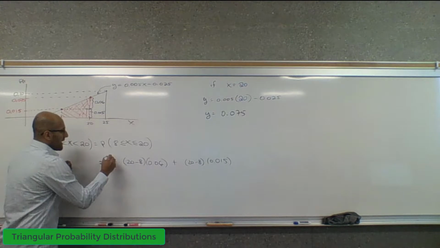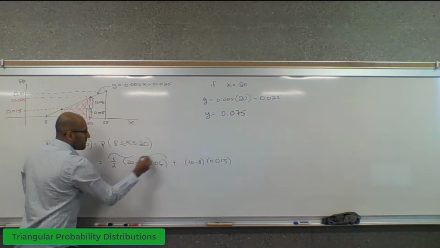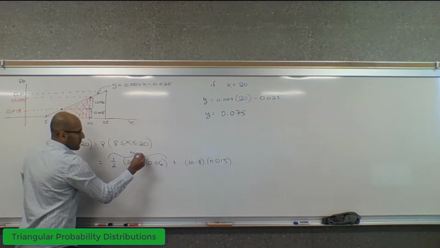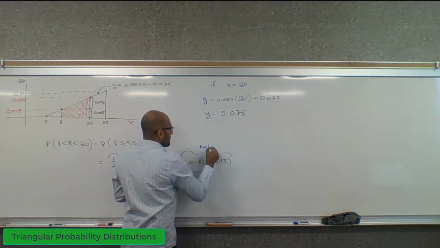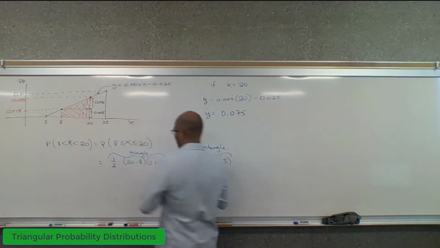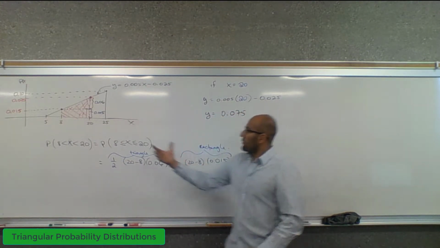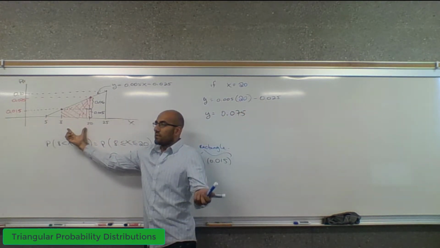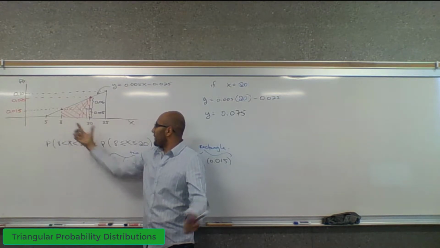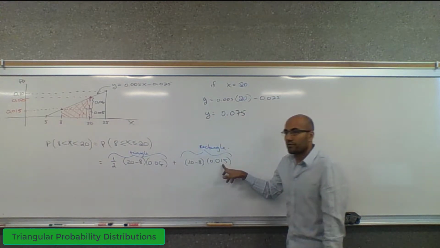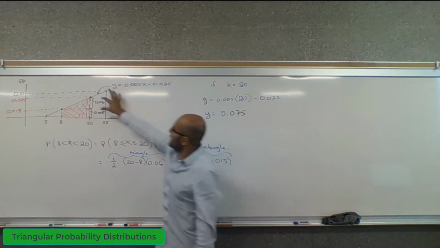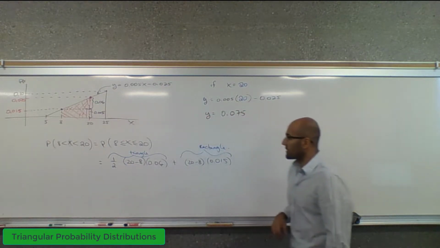Where this is the area of the triangle, and this is the area of that rectangle. They both have a base of 12. It's going to be 20 minus 8, 12. And then this has a height of 0.015, and this has a height of 0.06.